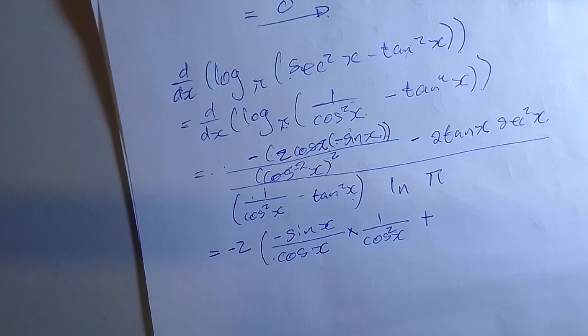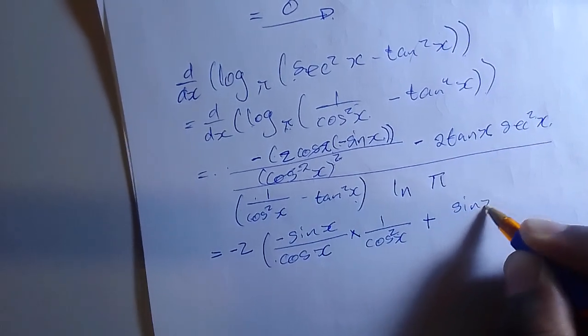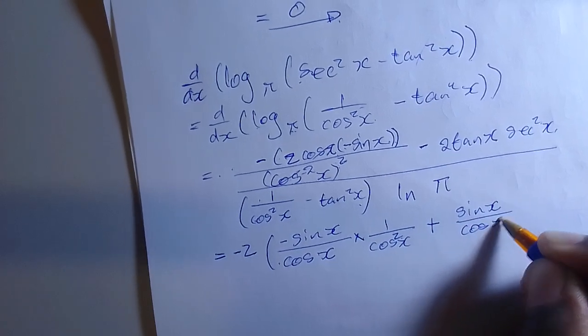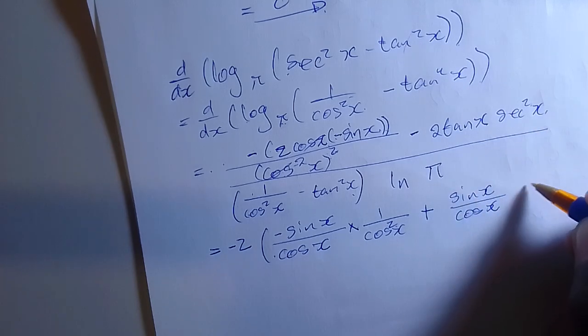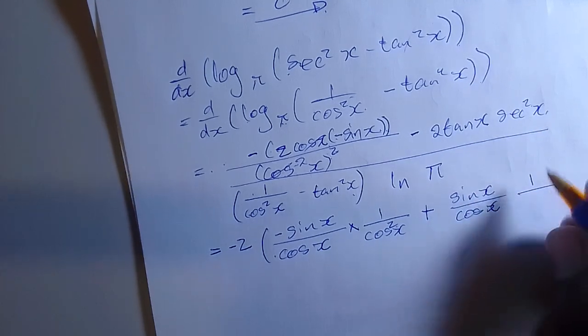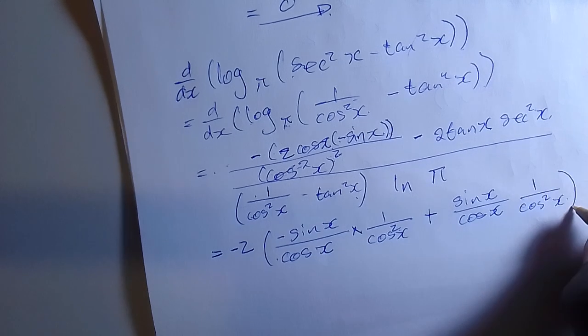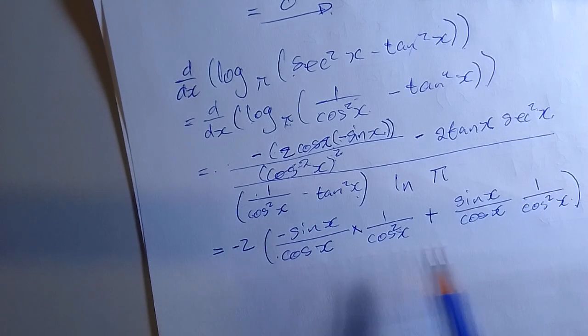Now we have a positive there. We have sine x over cos x. Then sec squared is 1 over cos squared x. Actually, that's very simple.